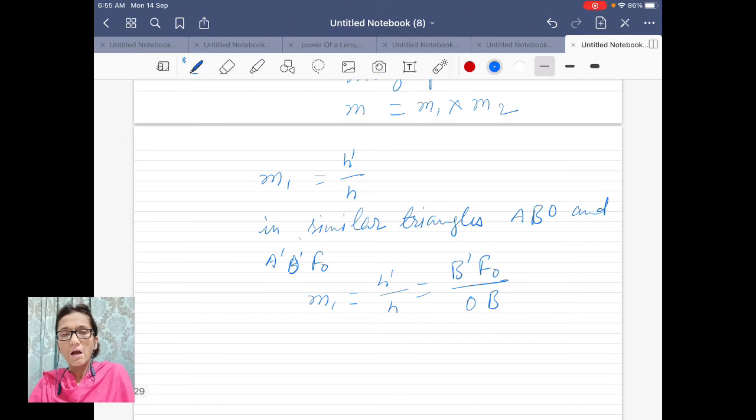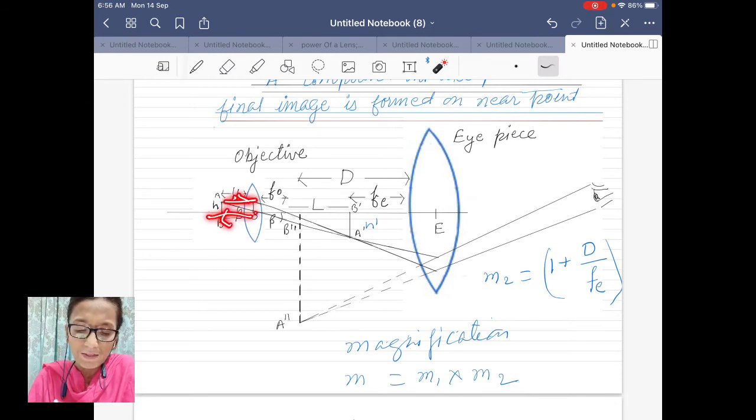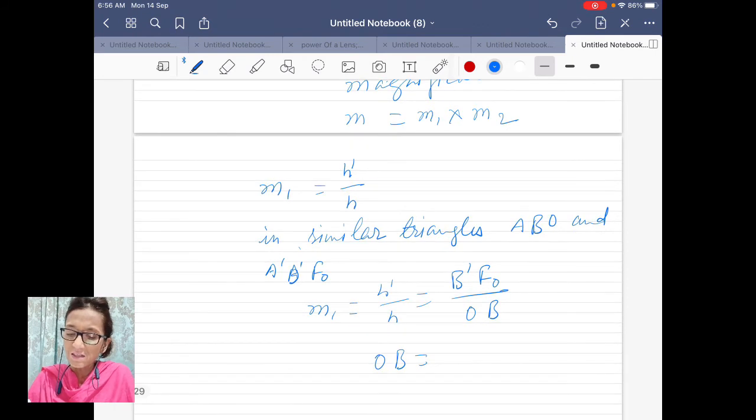And now I'll put the value of B dash FO and OB. OB is your object distance, which is on the left hand side. You will measure this distance just opposite to the direction of incident ray, so you should take this negative. And this distance is nearly equal to the focal length of the objective, because the object is placed near the focal length of the objective. So therefore, this distance can be written as minus FO.